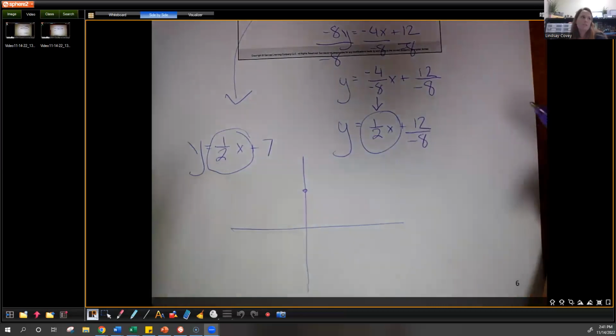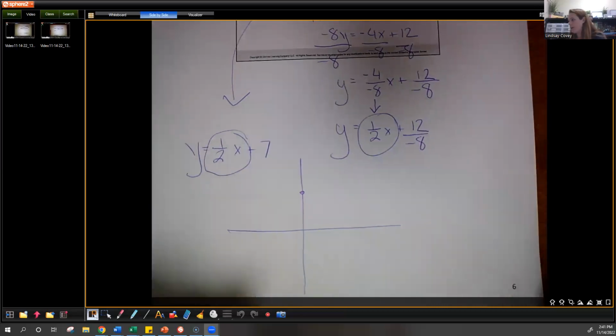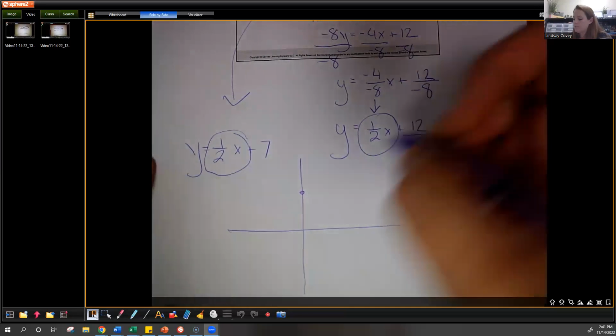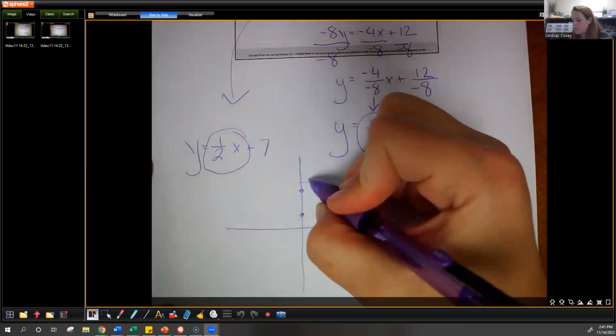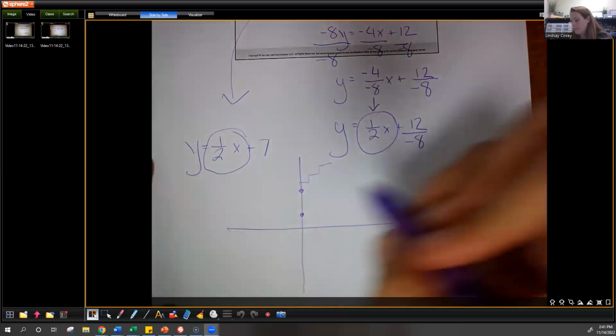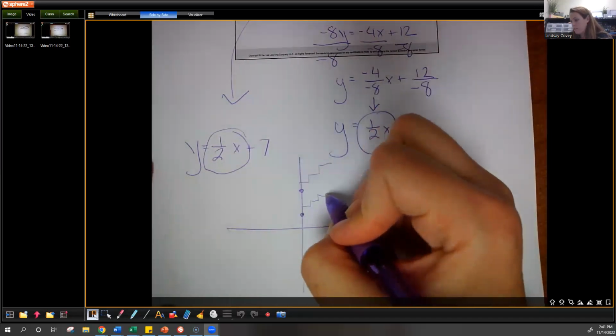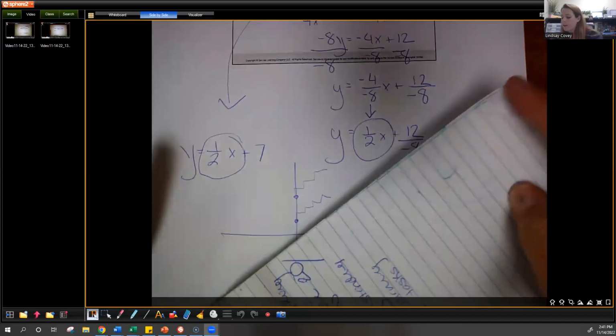Let's say that this intercept is, just to throw it out there, let's do 12 divided by 8. Fine, let's just say it's 4. And I always went up 1 over 2, up 1 over 2, up 1 over 2, and same here. We're going to get 2 parallel lines.